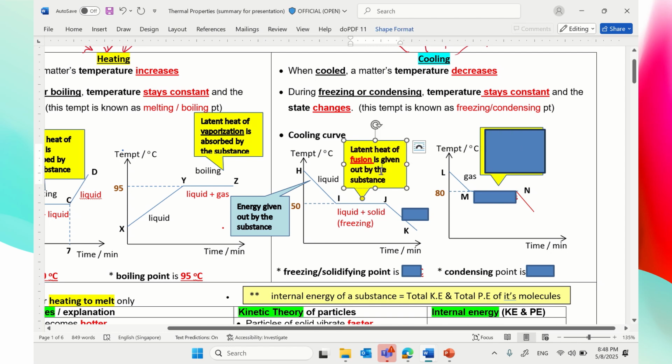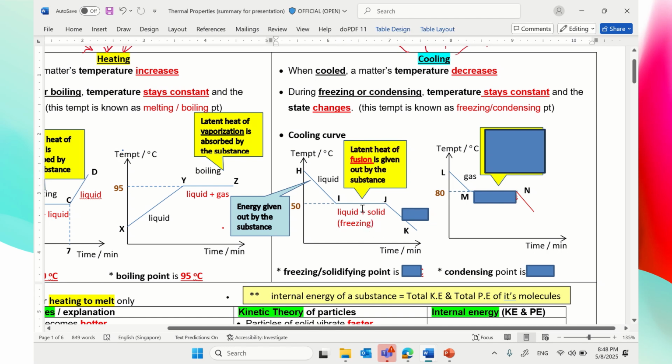Latent heat of fusion is given out. And this time the energy given out at this point is much more than the energy given out from H to I. I repeat, the energy given out from I to J is much more than the energy given out from H to I.